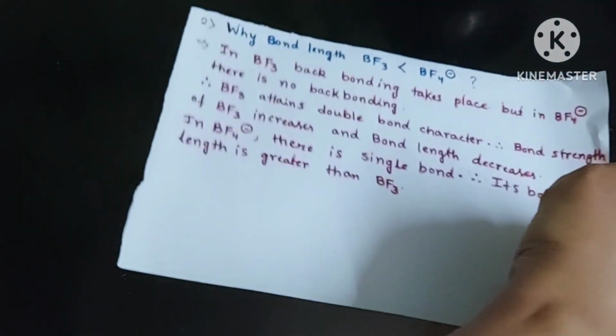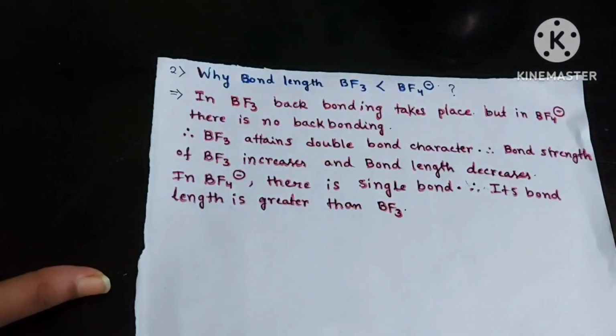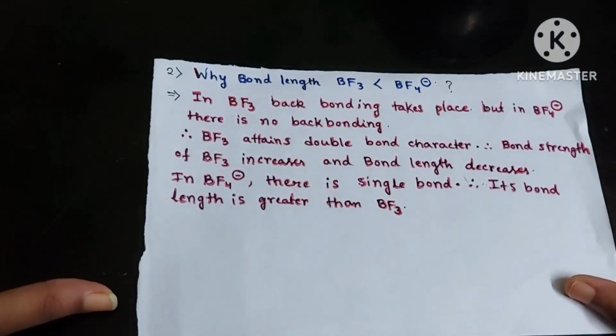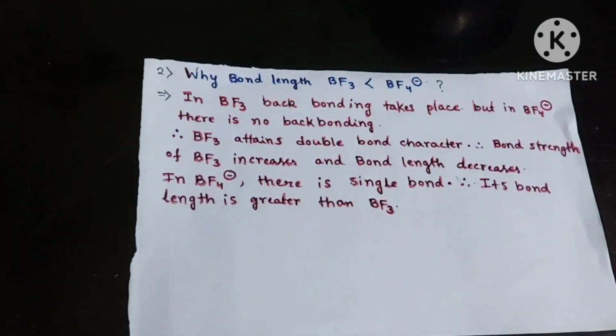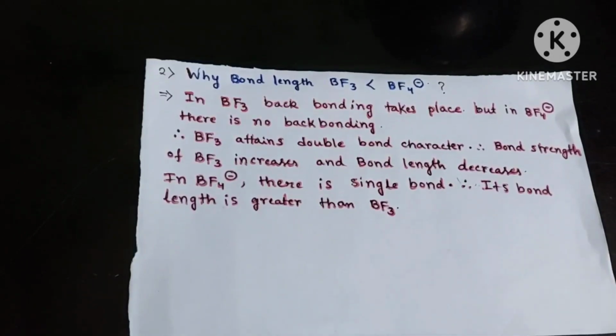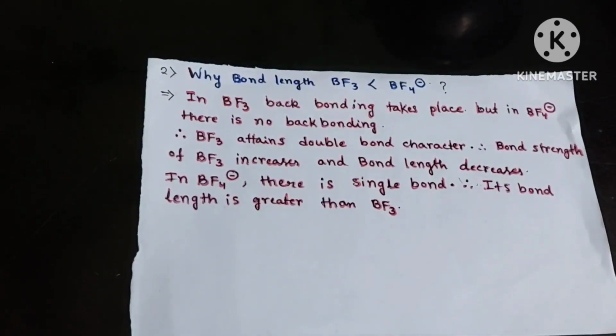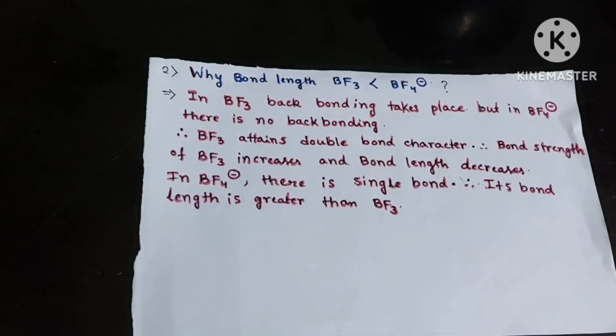Next question. Why is the bond length of BF3 less than BF4 minus? In BF3 back bonding takes place. In the example section of the last video we have read that in BF3 back bonding takes place, but in BF4 minus there is no back bonding.